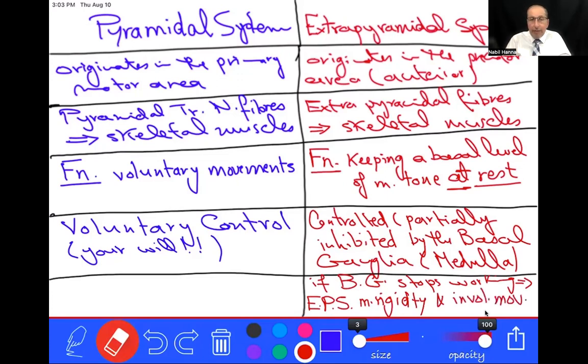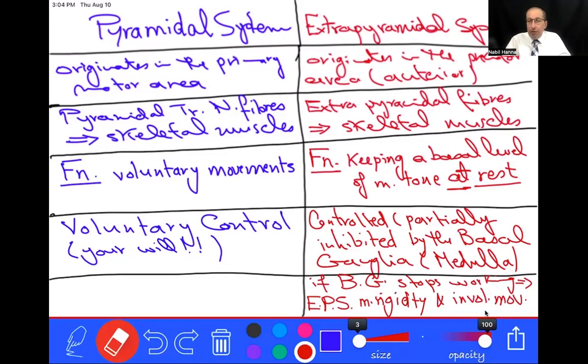And these involuntary movements occur at rest, because involuntary movements are an extrapyramidal thing, and your extrapyramidal system does not work when you are moving, because when you are moving, the pyramidal system is going to take over. The extrapyramidal system is at work only when you're not moving, when you are at rest.